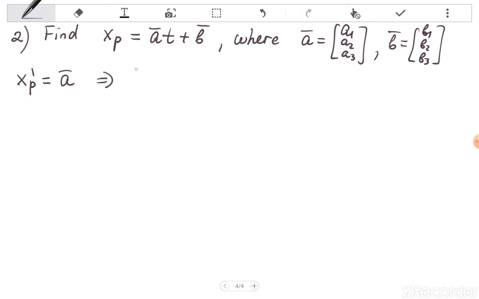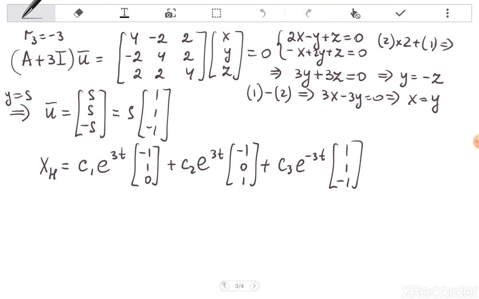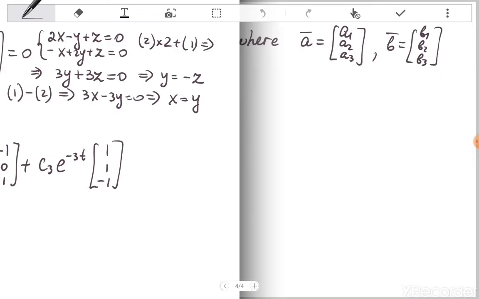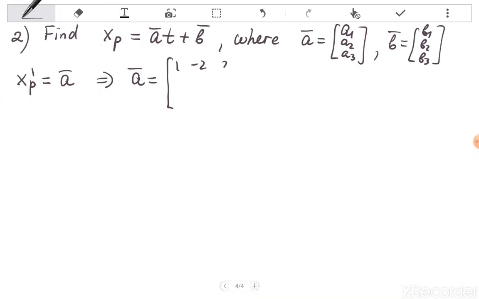So we substitute into the system, and we obtain a is equal to the matrix, what was the matrix? It's 1, minus 2, 2, minus 2, 1, 2, 2, 2, 1, times the solution, right?